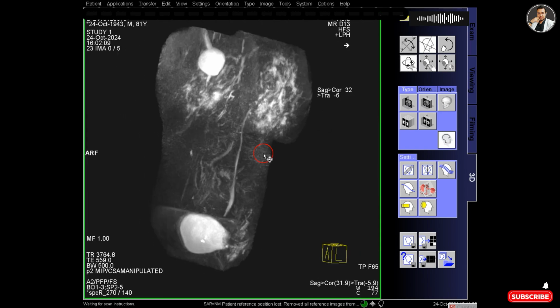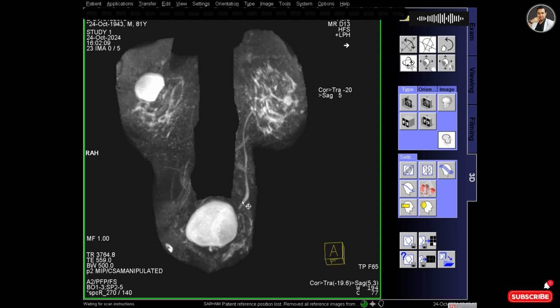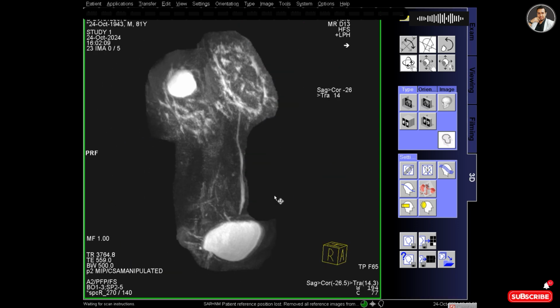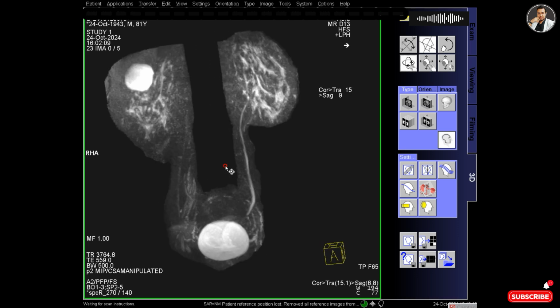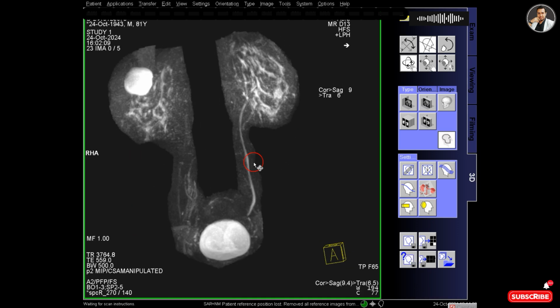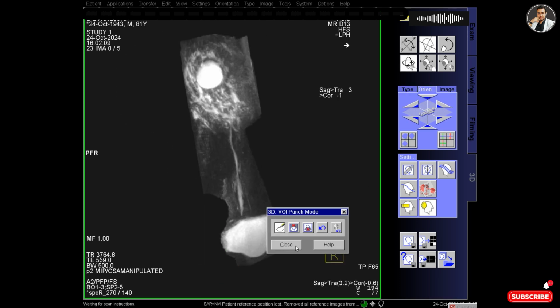Now I'm rotating the image and cropping so that only the kidney, ureters and bladder remain, and removing the unnecessary parts.